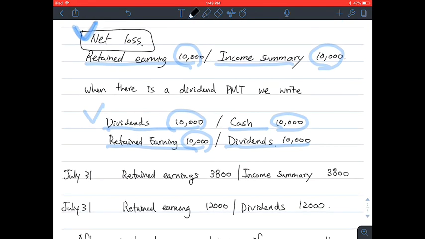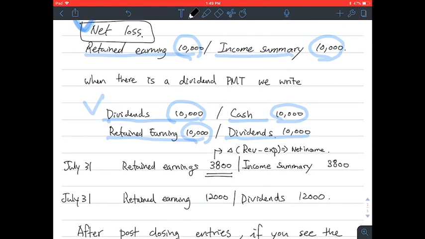So in our question, retained earnings should be 3,800 on the debit side. This is the difference between revenue and expenses, which was net income.